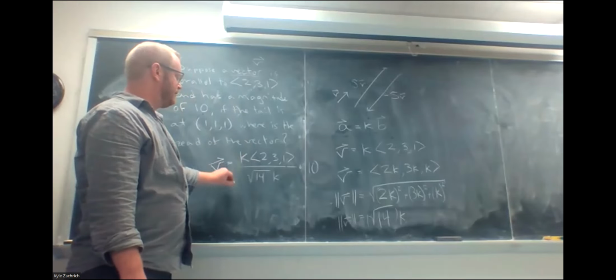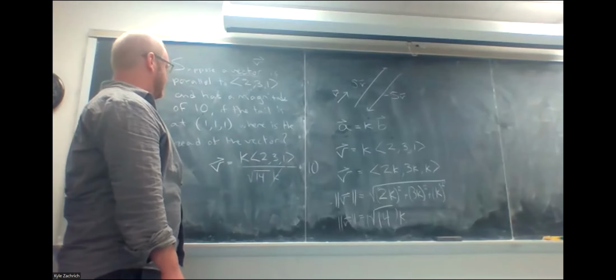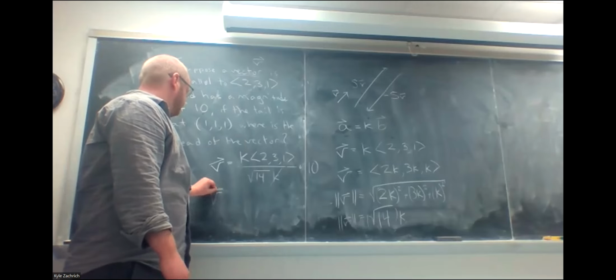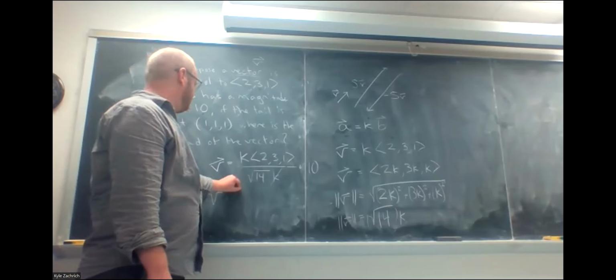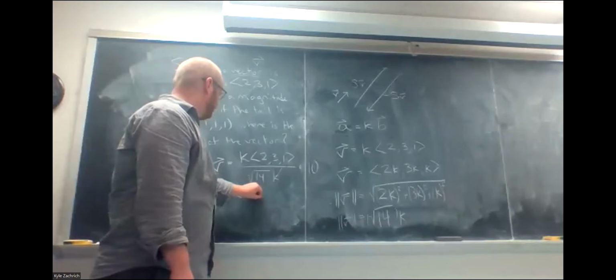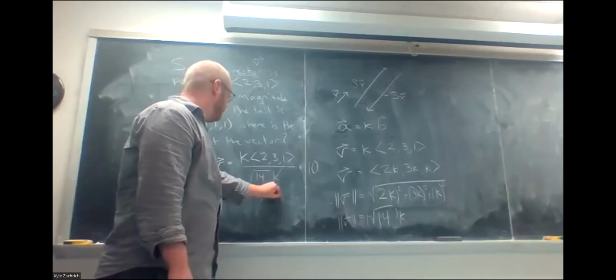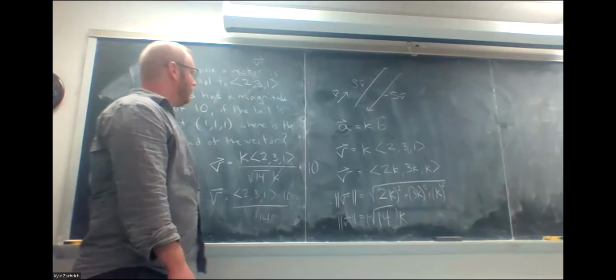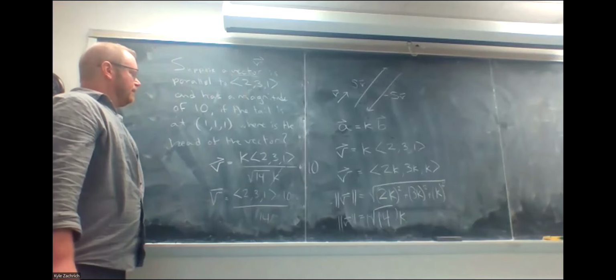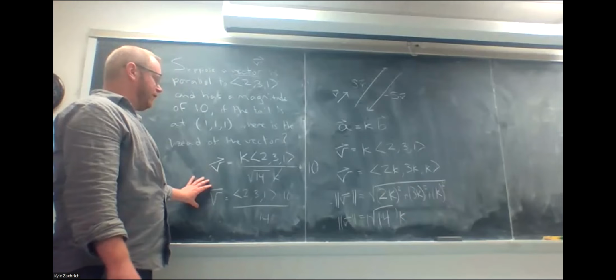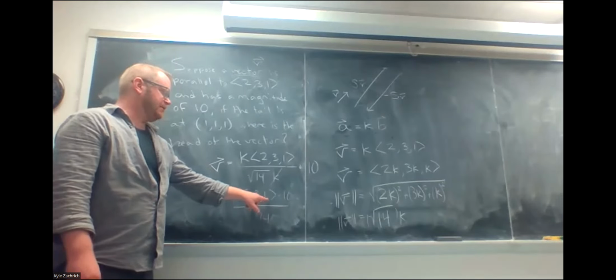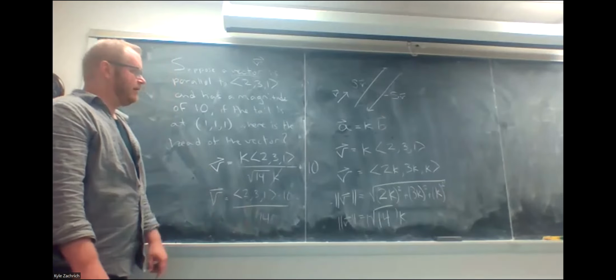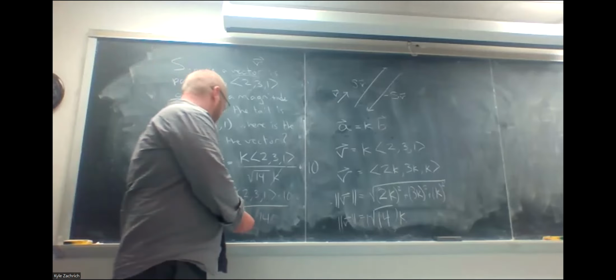So we're going to get rid of the k on the bottom and the k on the top. From here, we're figuring out this vector. We're just going to multiply these all by 10 and divide everything by square root of 14.